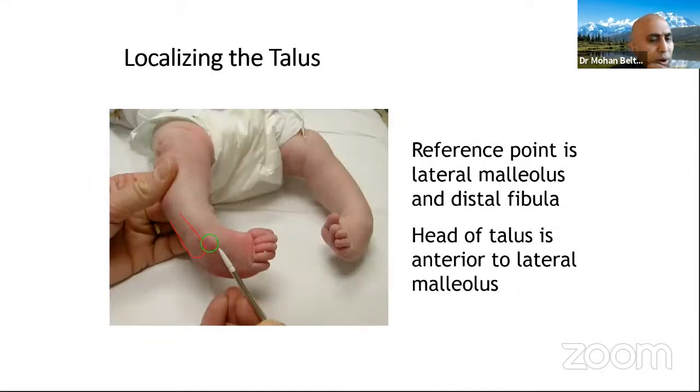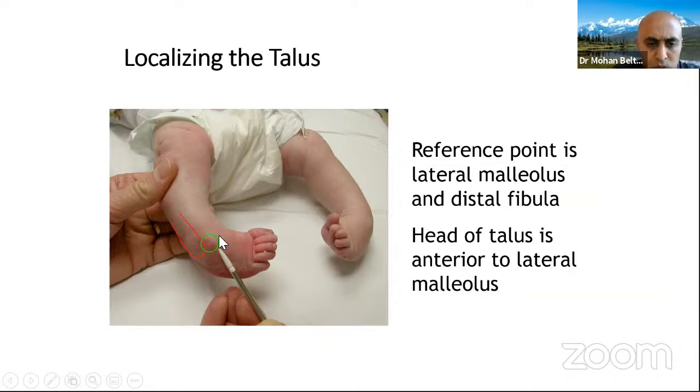So some important points is localizing the talus. Sometimes in a stubby foot, it may be difficult to localize the lateral talar head. So what you do is you overcorrect the deformity, which makes the talar head obvious, like so. So this is the fibula marked in red, and the lateral talar head is in green.